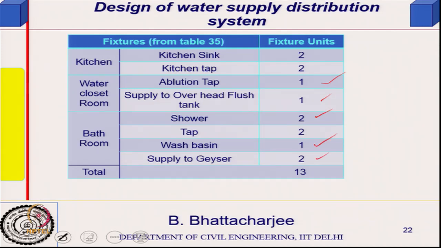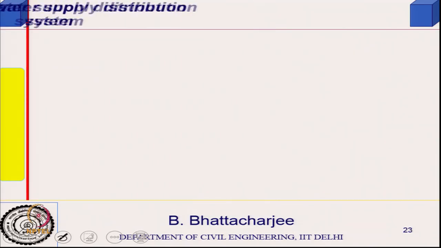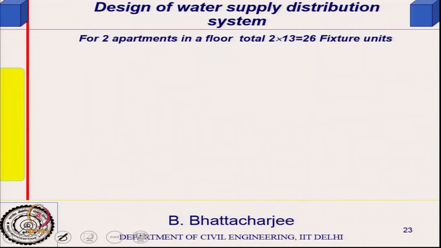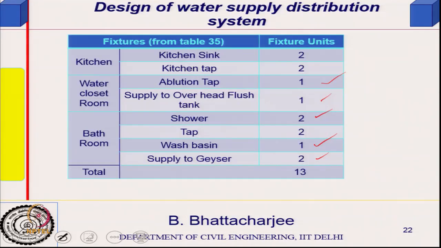Geyser is 2, etc. Now how many are there? So, 13 fixture units in an apartment. I have one kitchen sink, 2 fixture units, kitchen tap, 2 fixture units. So, if I sum them up I get 13.